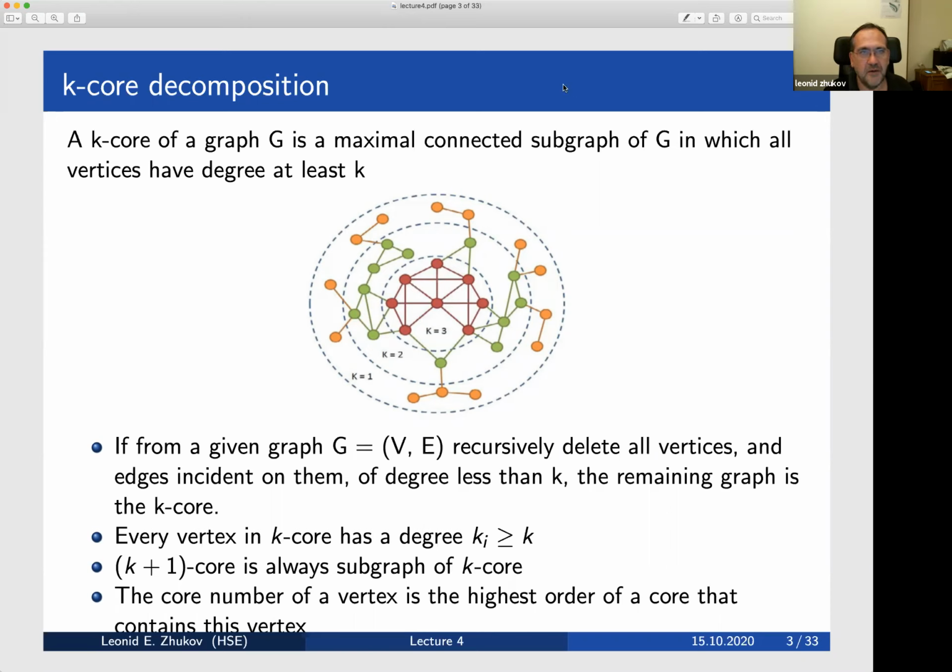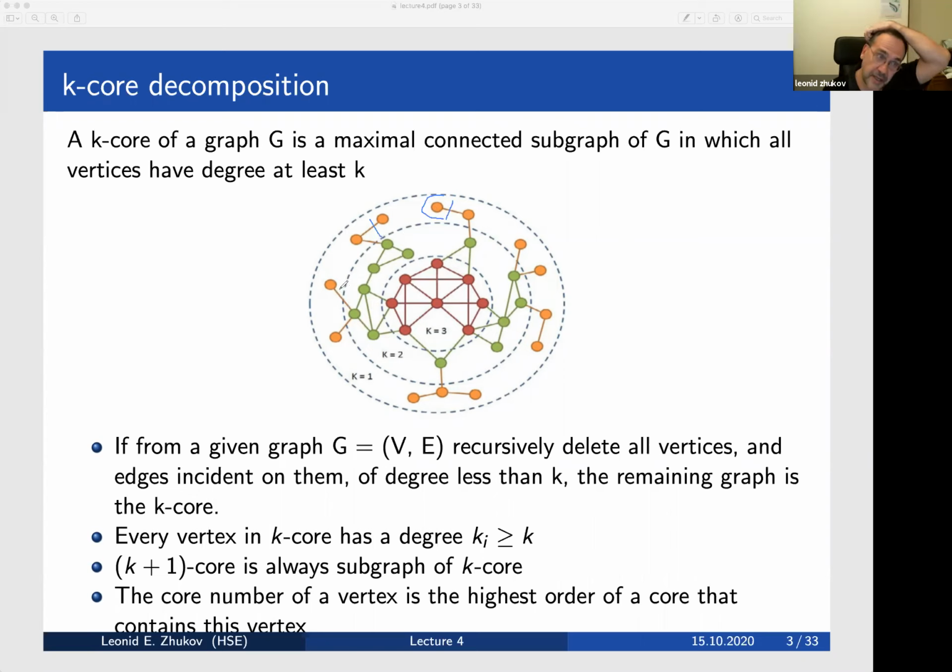I can go around and cut out those nodes. For example, this node is of degree 1, so I can cut it out. I can cut out this node, this node, this one, this one, and this one. These are the nodes of degree 1, right?